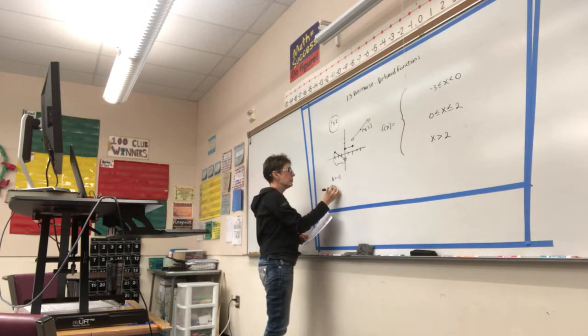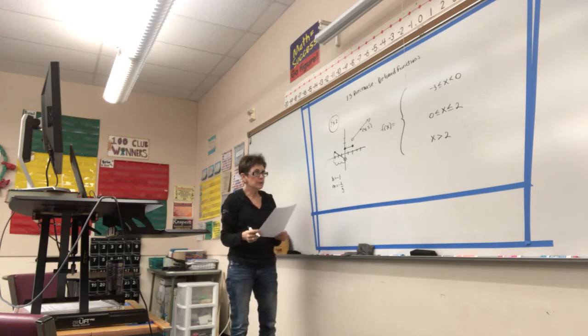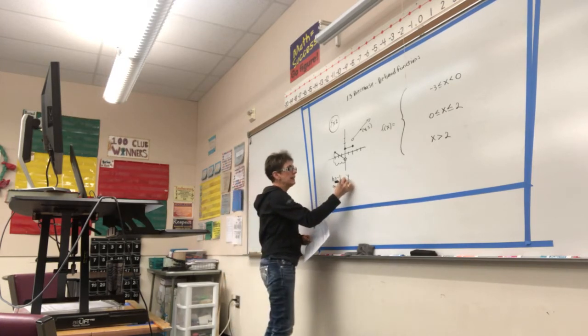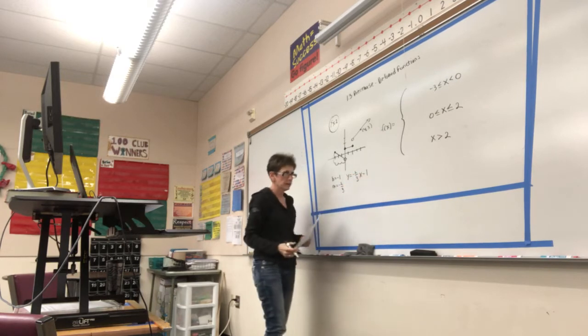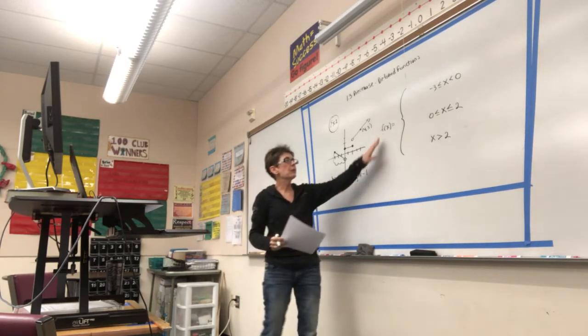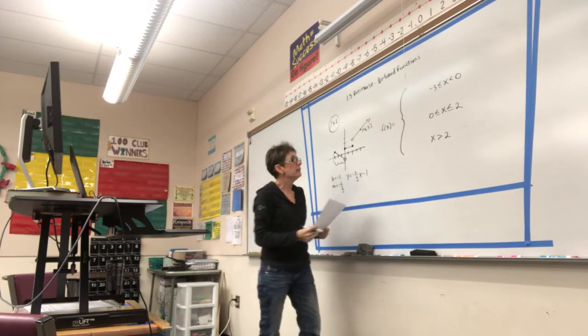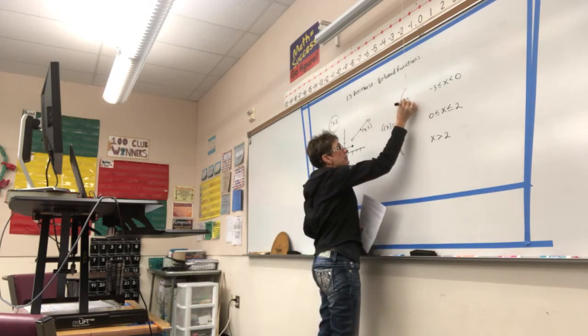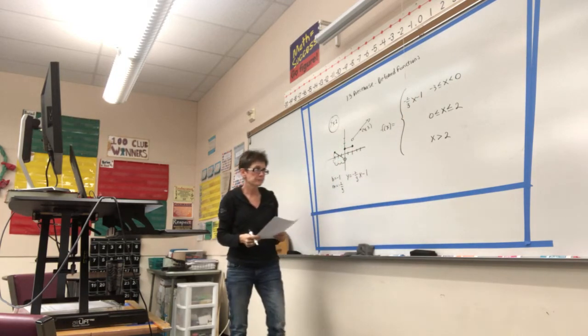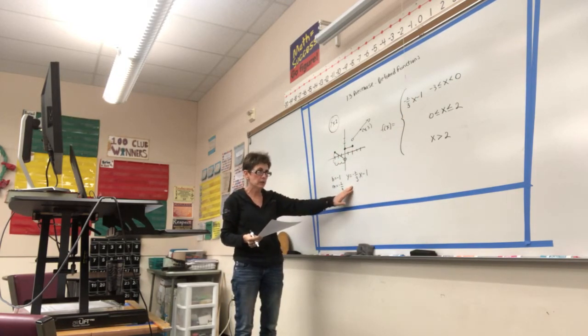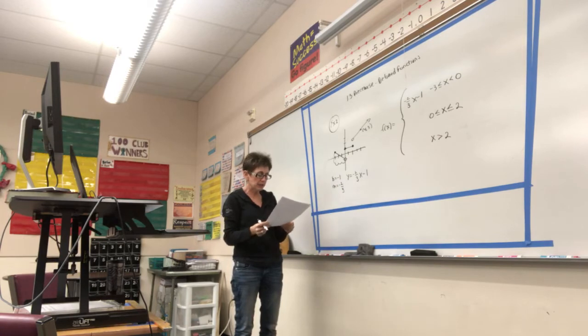So the slope is negative 2/3. So this is the line y equals negative 2/3 x minus 1. So I already have the y equals portion of it here, and I'm just going to write negative 2/3 x minus 1 there. So that is the function defined when x is between negative 3 and 0.